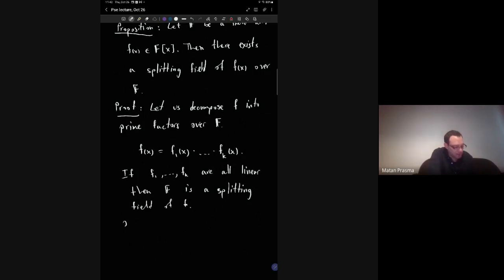Otherwise, without loss of generality, suppose the degree of f1 is bigger than 1.